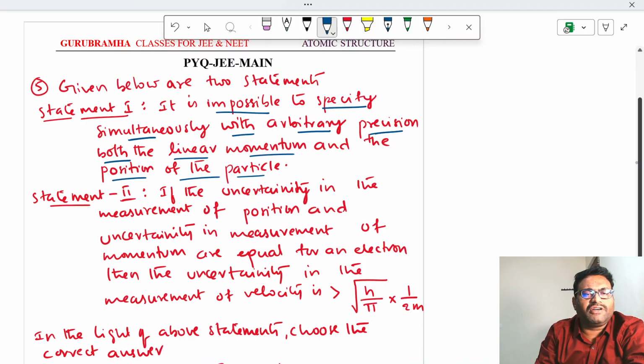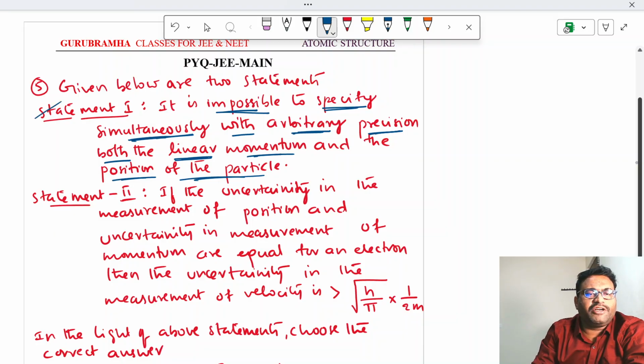What is his statement? He stated that it is impossible to specify simultaneously, at the same time, more accurately, both linear momentum and the position of the particle. So statement 1 is correct.